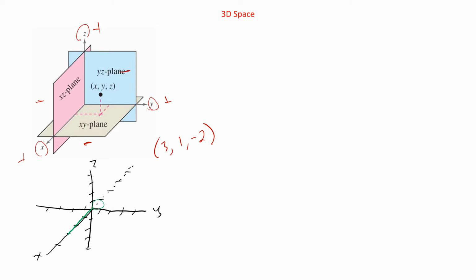We need to start at where we left off. And so we're just going to move 1 horizontally because the y-axis is horizontal. So we move a distance of about 1. And then 2 negative in the z direction. That's going to be this distance here. So we'd go down 2 that way. And that's where we'd put our point. So that's the point 3, 1, negative 2.